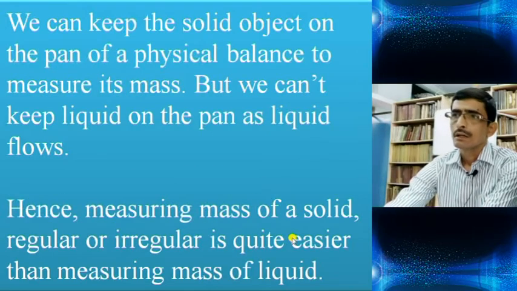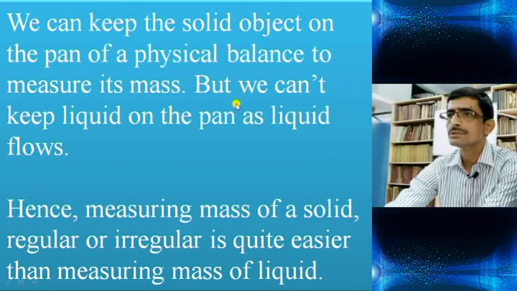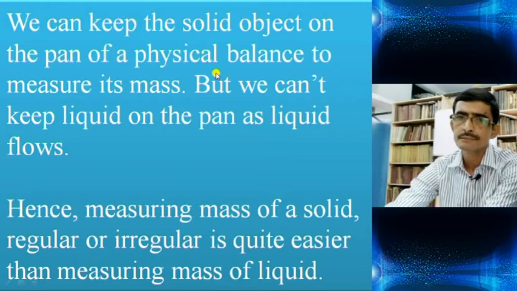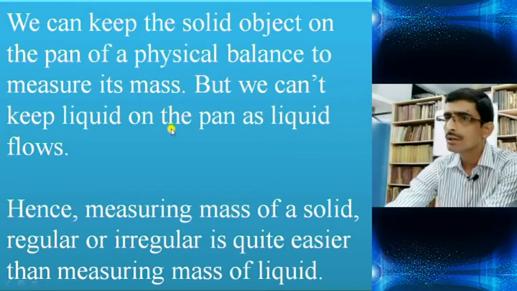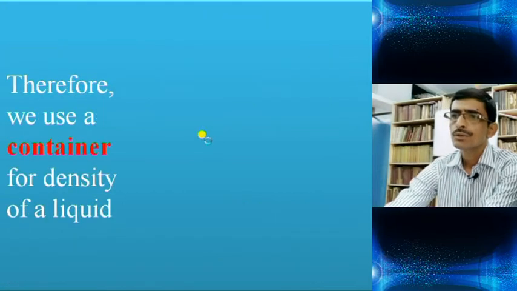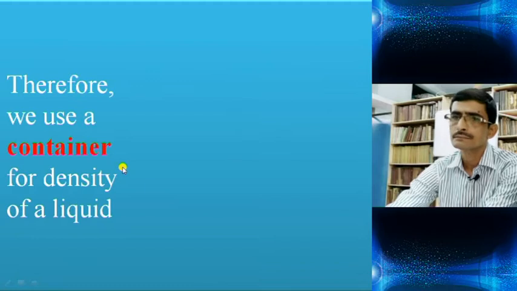Now measuring mass of a solid is easier, because we can keep the object on the pan of a physical balance, but you cannot do so in case of liquid. Therefore we need to use a special container in the laboratories. What type of container?